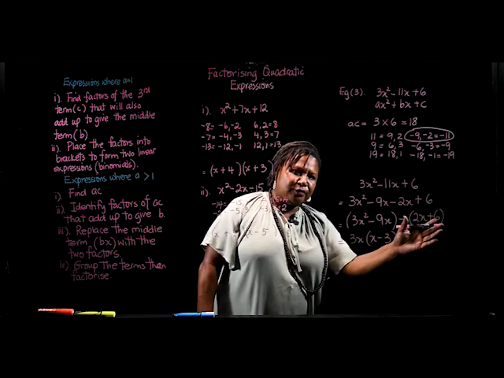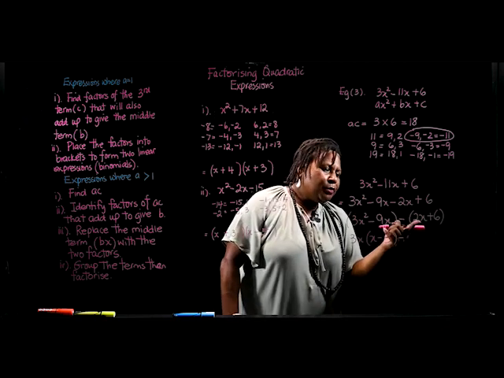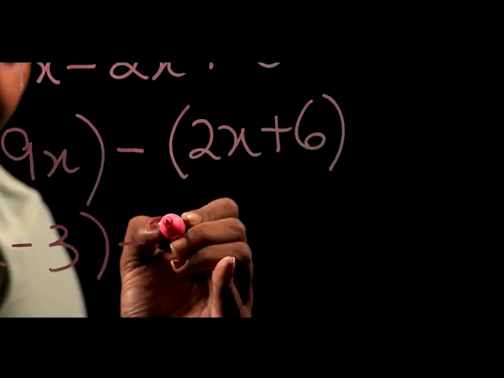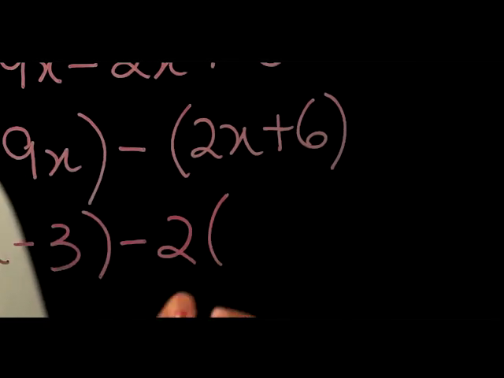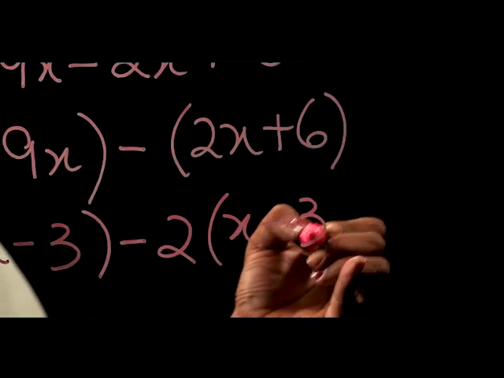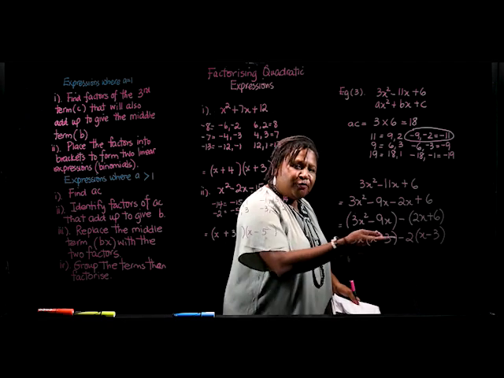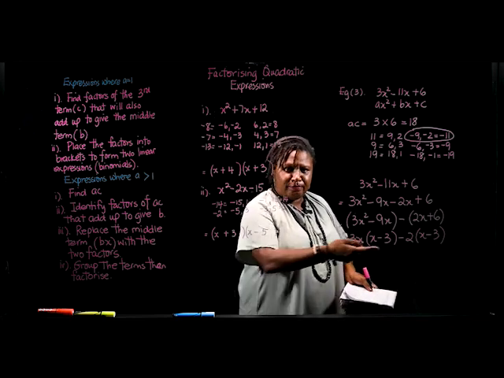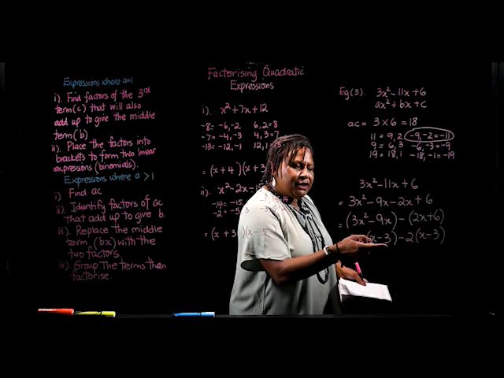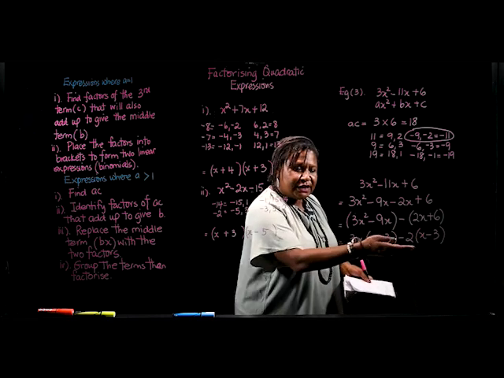And we do the same for the second group here. Minus, common term between 2x and 6 is 2, so it goes outside the brackets. And in brackets, we have x minus 3, okay? So, once we have grouped and factorized in this manner, we look at our expression again. x minus 3 and x minus 3 are common terms in this expression.